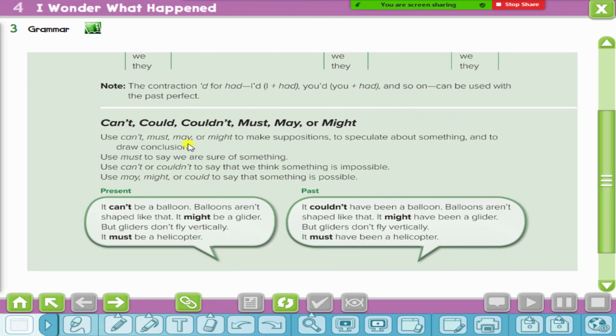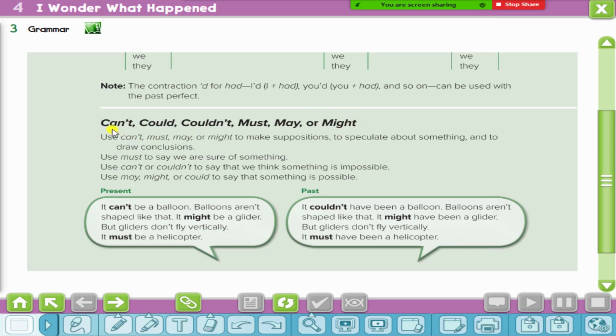Can't, could, couldn't, must, may, or might. All these verbs are called modal verbs, and they share a common use. What is the common use between them? All of these verbs are followed by the base form of the verb.